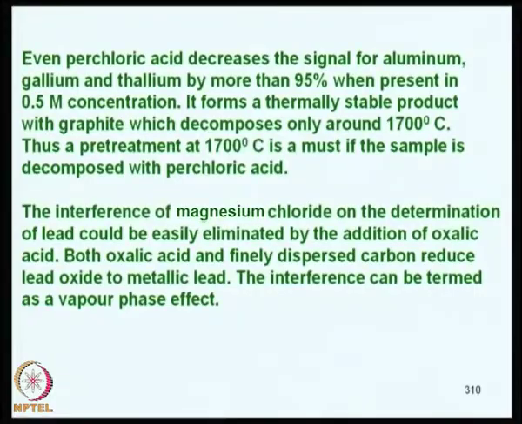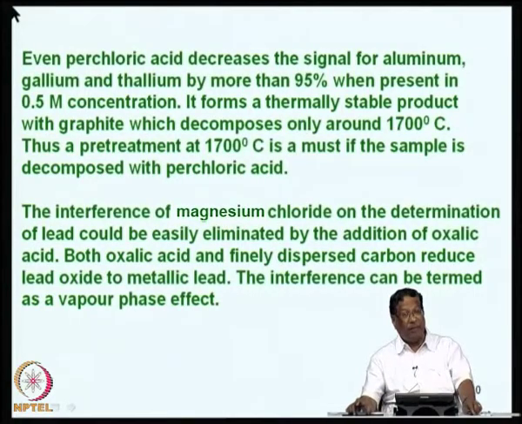So, even perchloric acid, if you use it, decreases the signal for gallium and thallium by more than 95%, signal gone, when present in 0.5 molar concentrations.